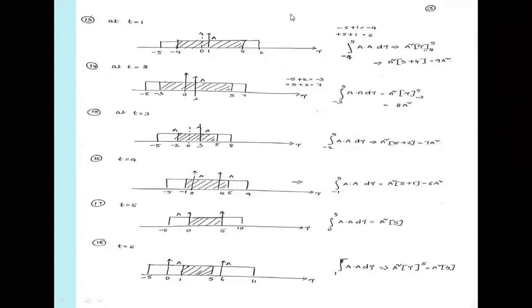Now I will note here that t equal to 7 means the graph looks like this: from minus 5 to 0 and 5, minus 5 plus 7, 0 plus 7, and 5 plus 7.